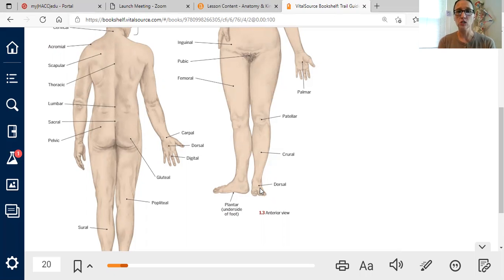The dorsal region of the foot refers to the top of the foot. So we're talking about the part of the foot that's facing towards the sky. That is the dorsal surface, not to be confused with the plantar surface, which is the underside of the foot. The plantar surface is the surface of the foot that touches the ground, okay? So dorsal surface and plantar surface, they're opposite sides of the foot.